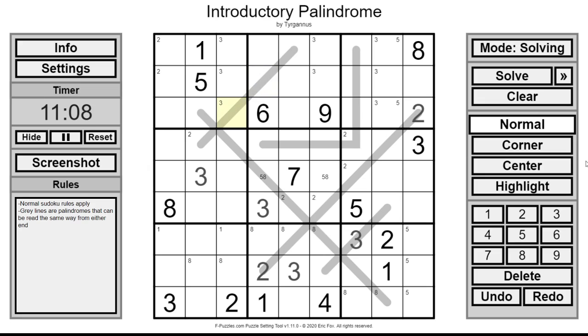3 here would force a 3 there, which doesn't work. Now these 3s double up, making that a 3. And that a 5. And that a 5.